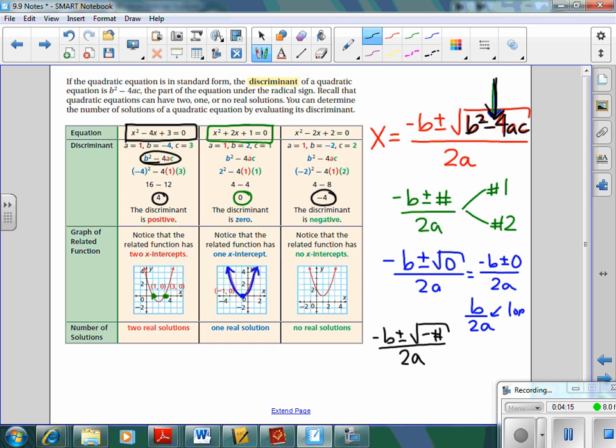I can't do the square root part, so I can't do plus or minus, and I certainly can't divide it by 2a. So if you get a negative number, there are no real solutions. And it's one of those graphs that just never touches the x-axis. So the discriminant's pretty cool. We're not actually finding the solutions, we're just figuring out how many there are.